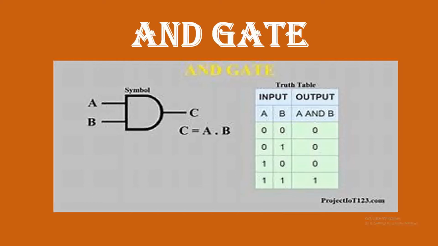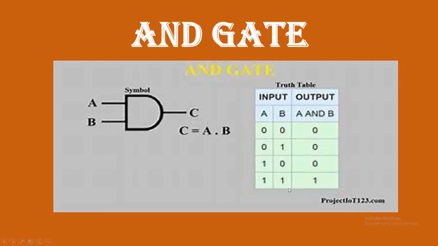That's the input, and it is the same in all the gates, except NOT, which has only 1 input. Now, what you are expected to focus on is the output, which is also simple. For the AND gate, for you to have 1 or yes or true, the 2 inputs must be true. The 2 inputs must be 1, like you have here. That is how the AND gate reasons.